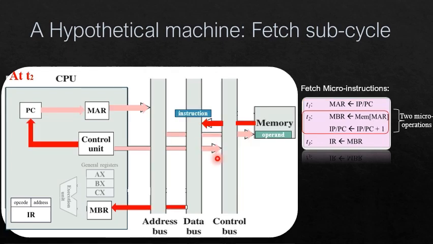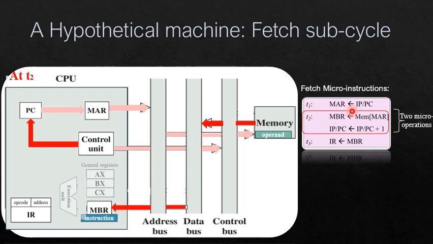Then next, what happened is these two micro operations in the second clock cycle under the fetch subcycle. After the memory is informed which operation to be sent out to the CPU, the memory content located at that PC address, the one in the MAR, will be sent out to the data bus, and then from the data bus it will reach the MBR, because the MBR's function is to temporarily hold whatever data or instruction is coming from the memory.